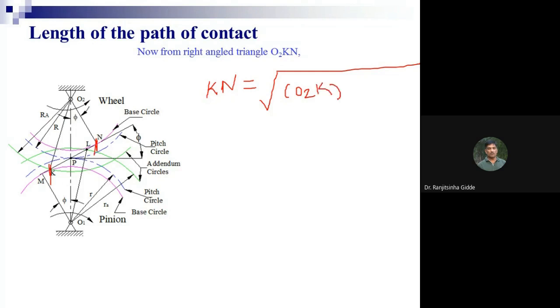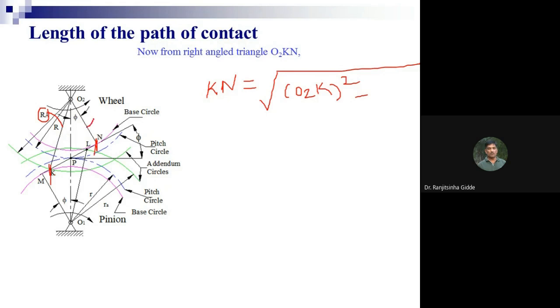O2K bracket square minus O2N. We need to find out this value of Kn. Now forget about this Kp and Pl. We need to find out the value of this Kn, because this value we know. This is the value for O2K, right?